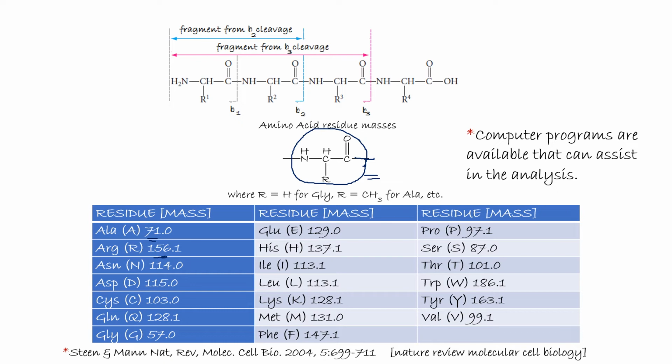Of course, for the amino acid, we still need one H here and OH here. This calculation is made by only this part of the amino acid. And then with computer programs, assisted analysis, scientists can find out the sequence of the fragmentation.